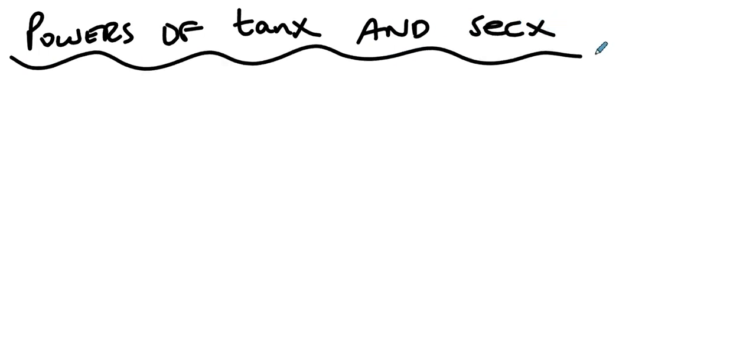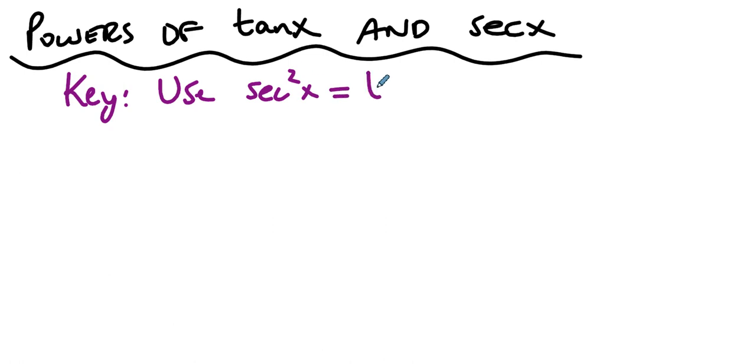By contrast, powers of tan x and secant x are much nicer to work with. The key here is to use the fact that secant squared x is tan squared x plus 1. Or if you like, tan squared is secant squared minus 1.